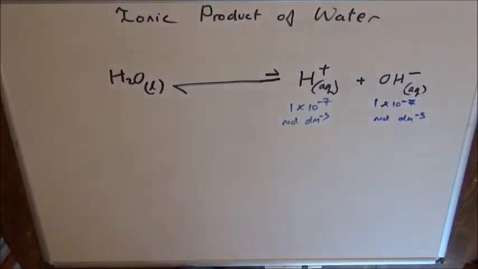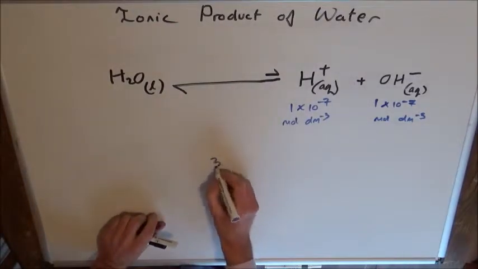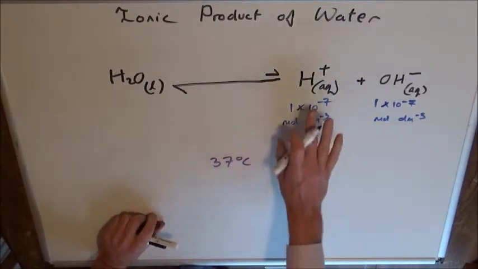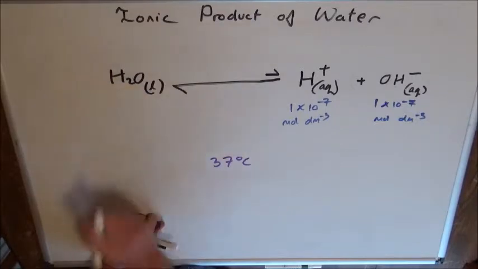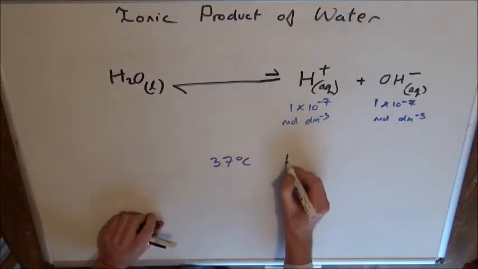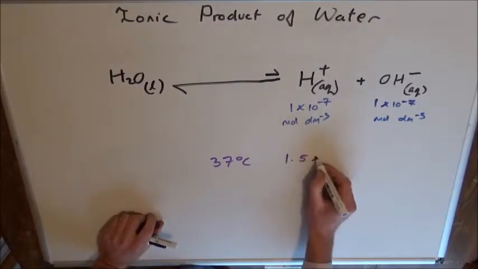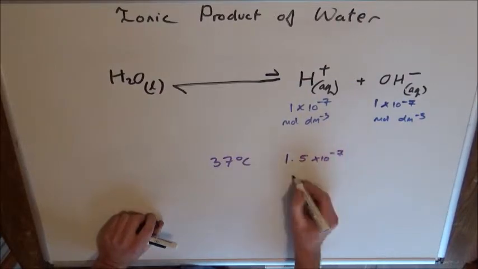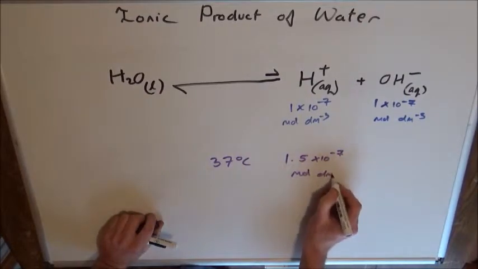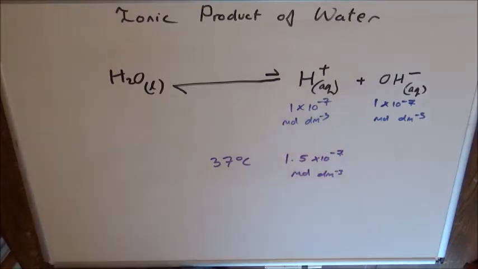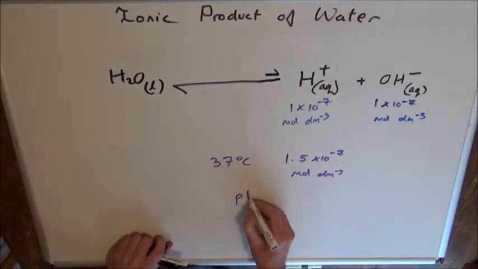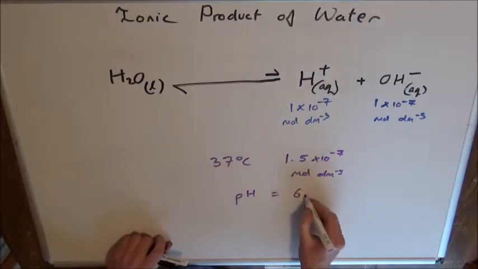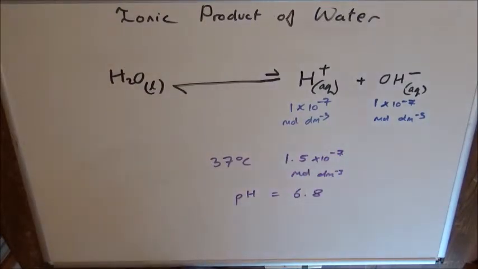If, for example, you're at a higher temperature, let's just say at body temperature, 37 degrees C, then more of the water molecules have dissociated, so you get 1.5 times 10 to the minus 7 moles dm to minus 3 of each of these. And if you calculate the pH of that, pH would be 6.8.